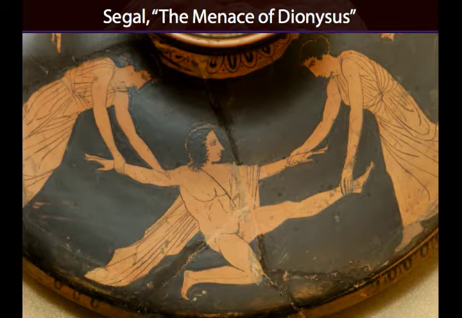The Menace of Dionysus goes further into discussing what is happening in the Bacchae in particular, and one of the things that comes out in the Siegel article is he makes a statement. The city that Dionysus enters is falling short of its responsibilities.